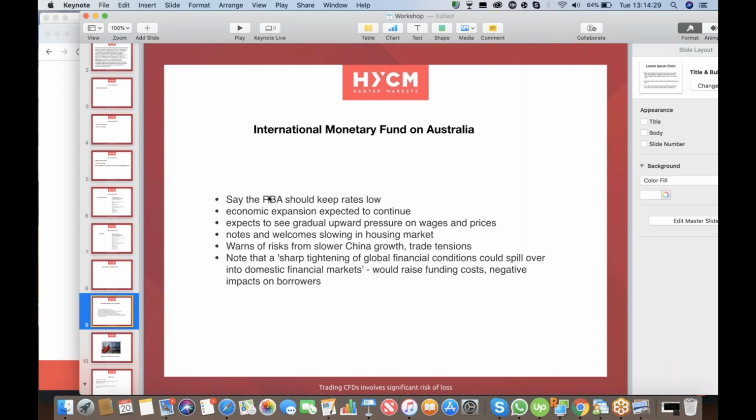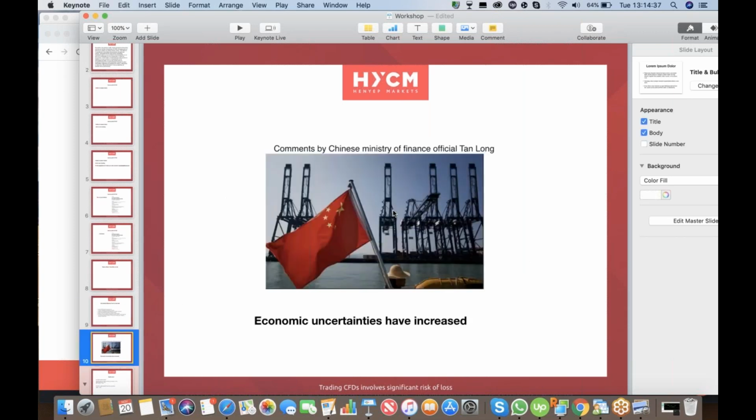So they said the Reserve Bank of Australia should keep rates low. That is going to be bearish on the Australian dollar. We had the Chinese finance official, Tan Long, saying that economic uncertainties have increased. That is a much more bearish outlook for the Chinese economy, and because of the link between China and Australia, Australia's economy has about 30% of GDP linked to Chinese trade.